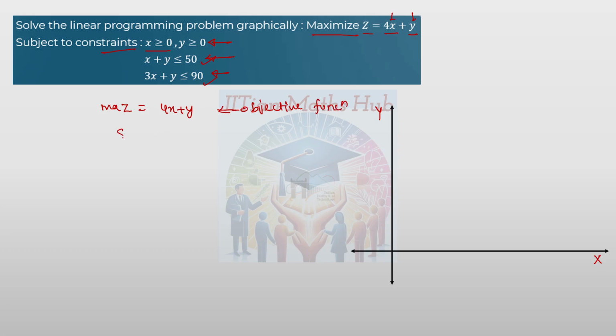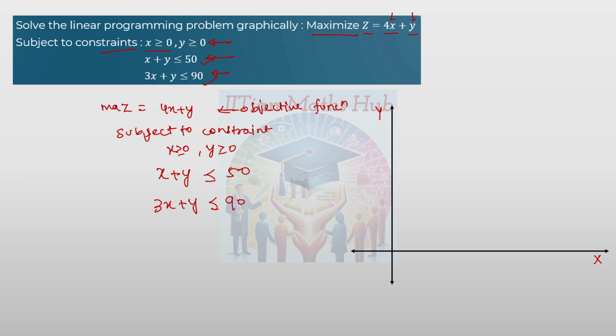And then subject to constraints, which are x greater than or equal to 0, y greater than or equal to 0, x plus y less than or equal to 50, and 3x plus y less than or equal to 90.